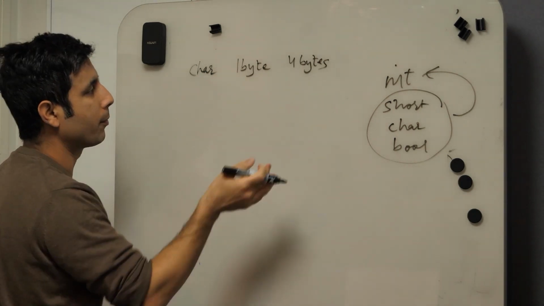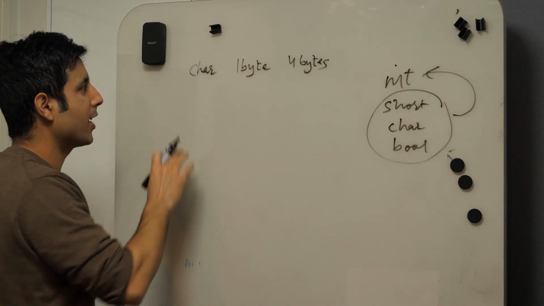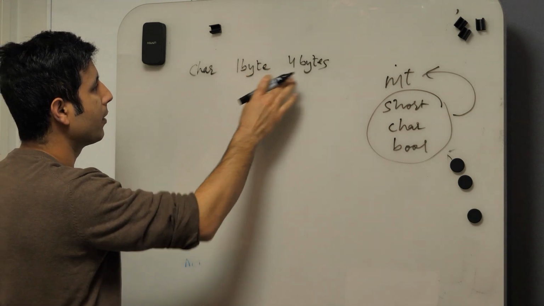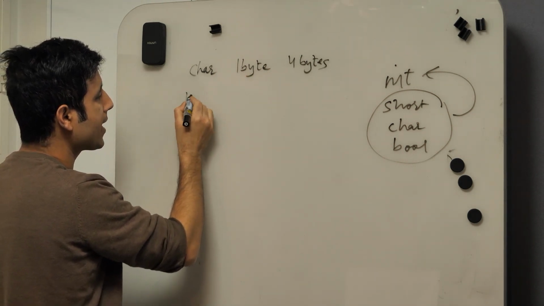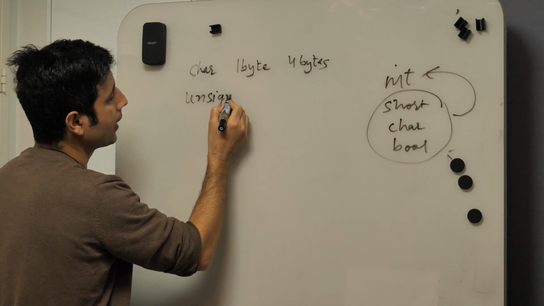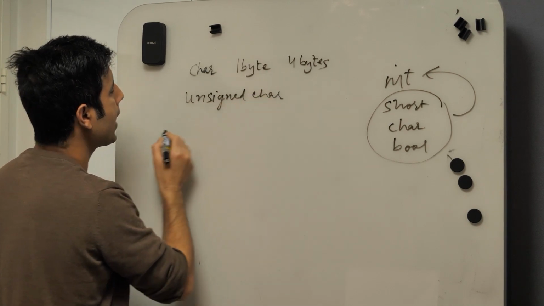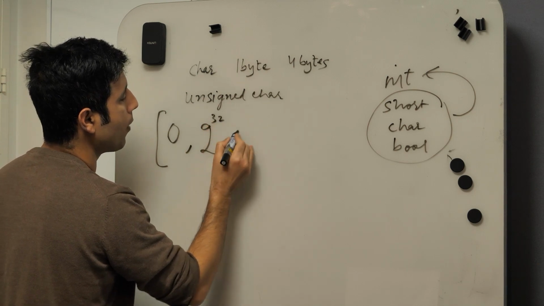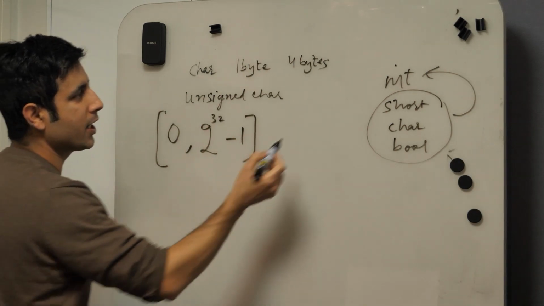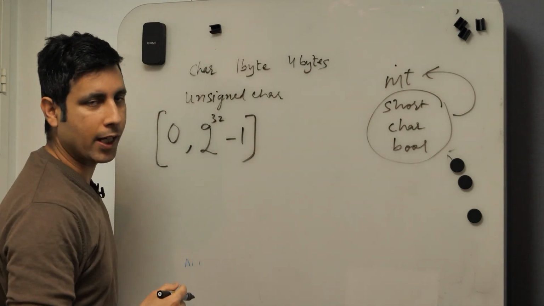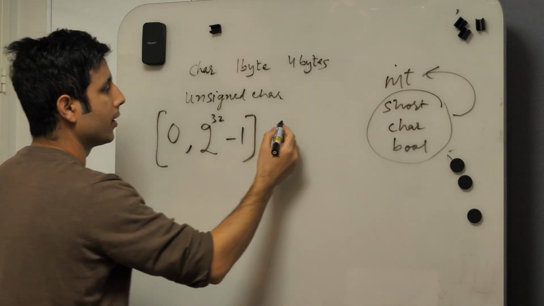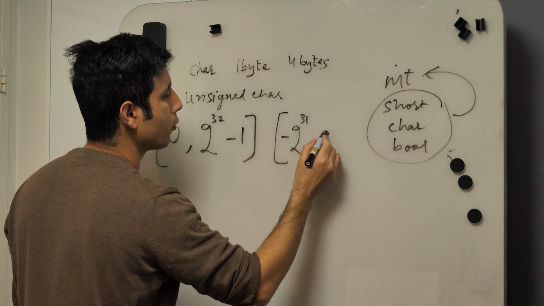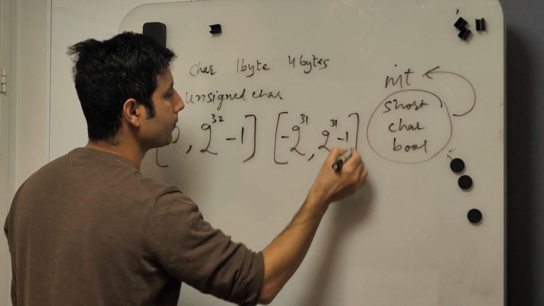Character is usually 1 byte, but for the sake of discussion, let's assume there's a C implementation which has a character data type with 4 bytes. So unsigned char will have a range of 0 to 2 raised to power 32 minus 1. And signed integer can't have that range, because the range of signed integer is from minus 2 raised to power 31 to 2 raised to power 31 minus 1.